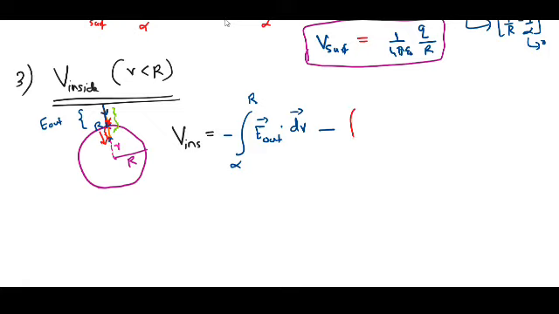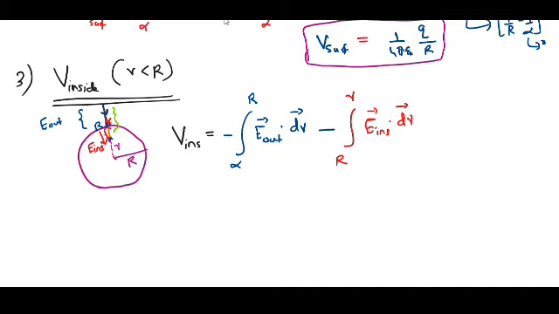Therefore, the integration is from R to small r. This region is contained inside the shell, so here the electric field will be E inside, E inside dot dr. In this way, you have to split the integral into two.